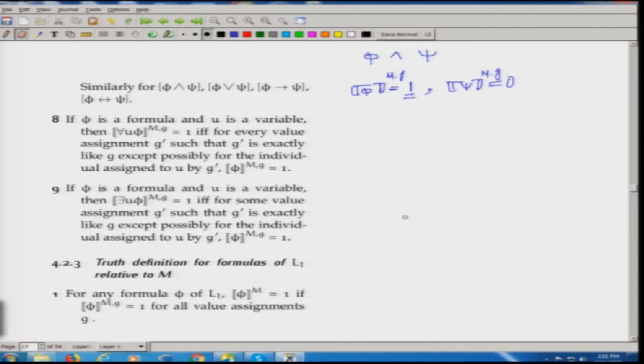So, rule 8 is if phi is a formula and u is a variable, then the denotation of all u phi with respect to m and g is 1 if and only if for every value assignment g prime such that g prime is exactly like g except possibly for the individual assigned to u by g prime, the denotation of phi with respect to m and g is 1.